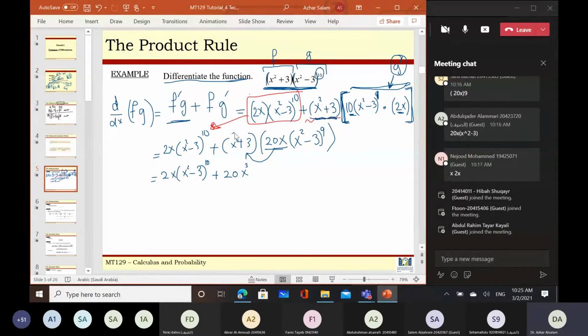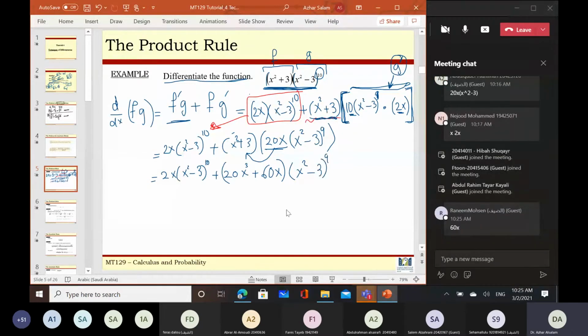Notice here I multiply x squared by 20x, so the 20 comes down and x squared times x becomes x cubed. Plus 3 multiplied by 20 is 60x, multiplied by (x squared minus 3) all to the power 9. Also, I can stop here, but maybe for more simplification.